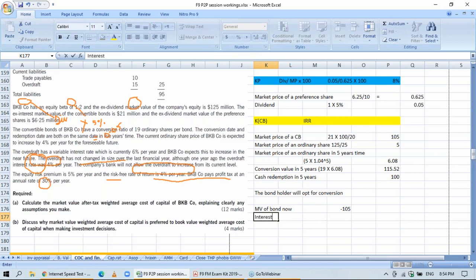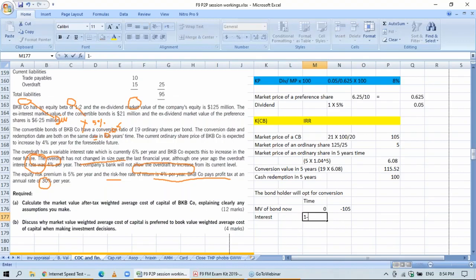Against this, you will be receiving interest. If the investor invests 105 now, he will be receiving interest from year 1 till year 5. And what will the interest be?